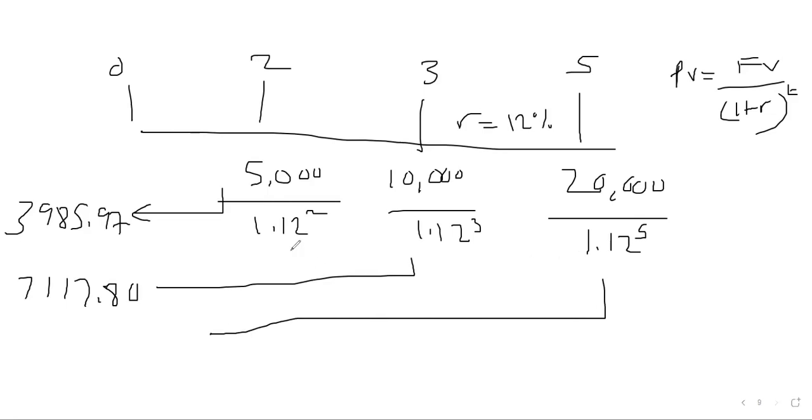We're going to get 11,348.54. When you compute this, plus 7,117.80 plus 3,985.97, this will be 22,452.31.